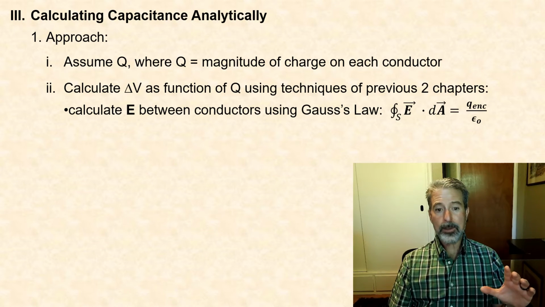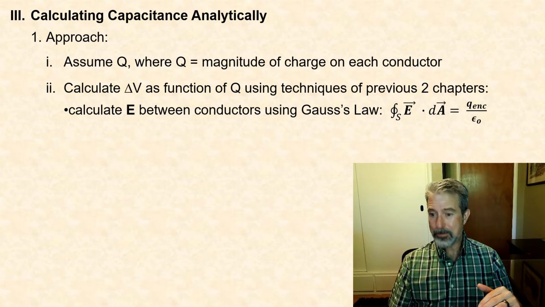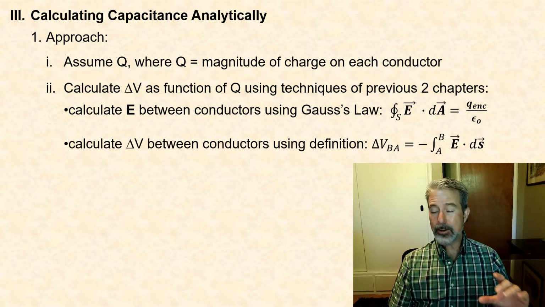So we will start by calculating the electric field between the conductors using Gauss's law. Once we know what that electric field looks like, we can then calculate the electric potential difference between the charged conductors using our definition of electric potential difference.